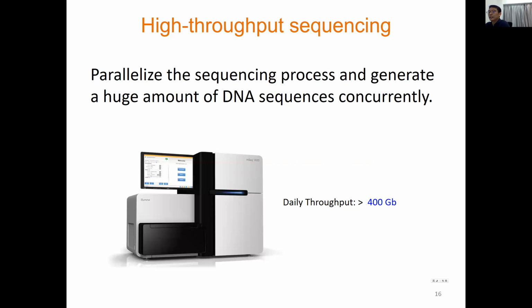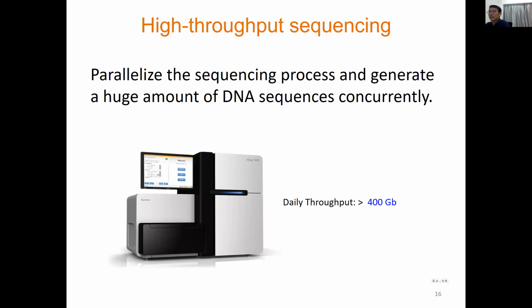To take this machine as an example, it is a sequencer produced by Illumina. This is a very big company. And this machine can generate 400 gigabase pairs in 1 day. That's a very huge data set. I think almost equal to the whole volume of the hard disk in my computer.